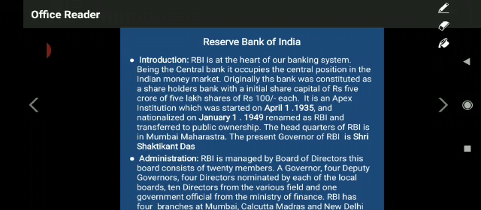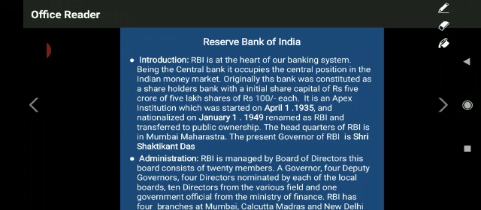In addition to that, 10 directors from various fields and 1 government official. Various fields means those who are experts in a particular field. They also come in the list of Board of Directors. And 1 director is appointed by the government, who is called the government official from the Ministry of Finance.